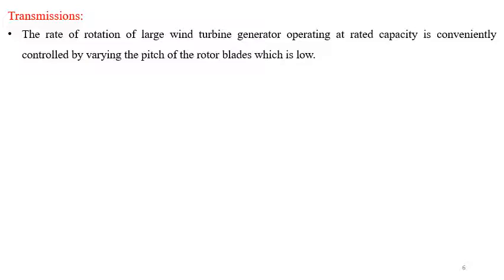Because optimum generator output requires much greater rates of rotation such as 1800 RPM, it is necessary to increase the speed greatly from the low rotor rate of turning, okay.